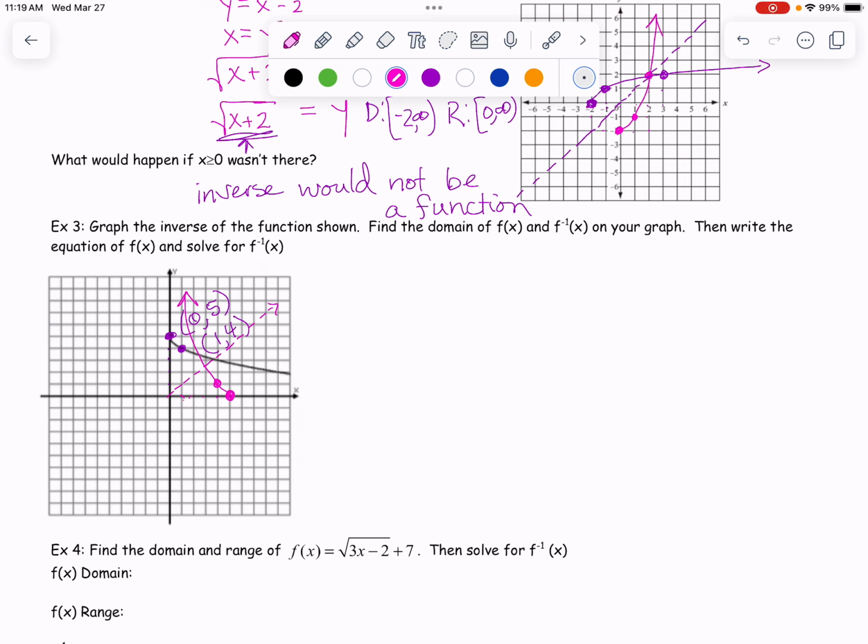So what does it want? Write the equation of both. If I take my original function, which is the purple one, I have (0, 5), which is my h, k, and (1, 4) is my x, y. So I'm going to use this equation.